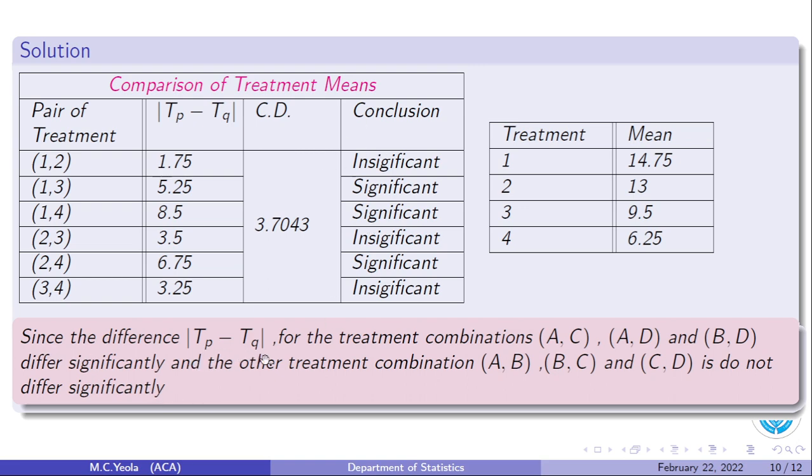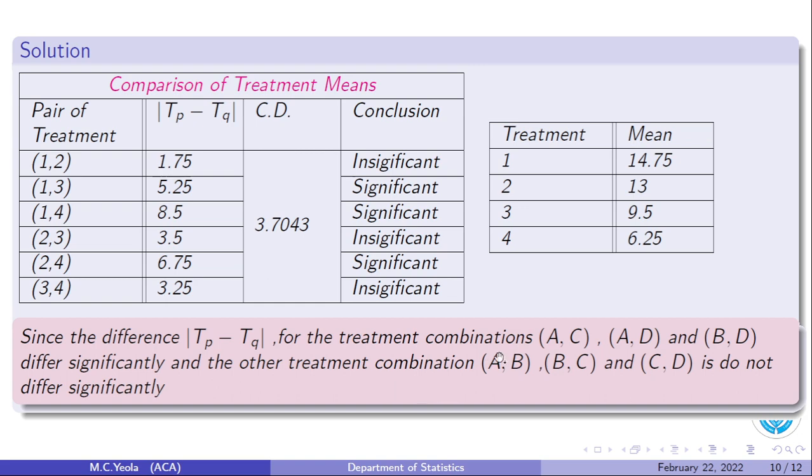Since the difference T_P minus T_Q is significant for the treatment combinations AC, AD and BD, see this one, AC, AD, these two are significant here, and B and D, the second and fourth treatment means, differ significantly.